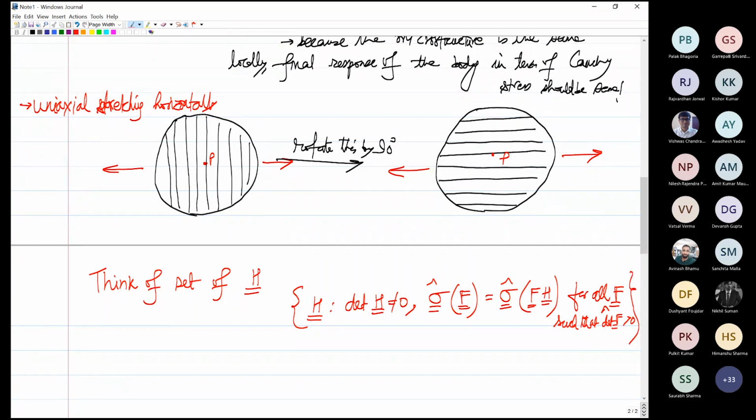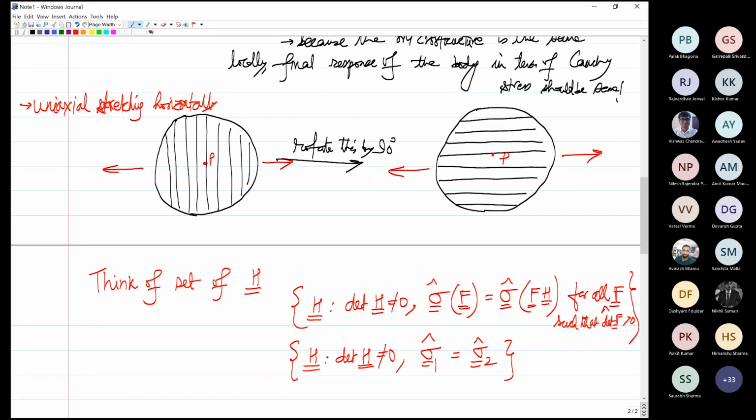So either you write like this, or you say that there's an H such that det H not equal to 0, but the response function sigma 1 hat is the same as sigma 2 hat. You can write in either of the two ways.